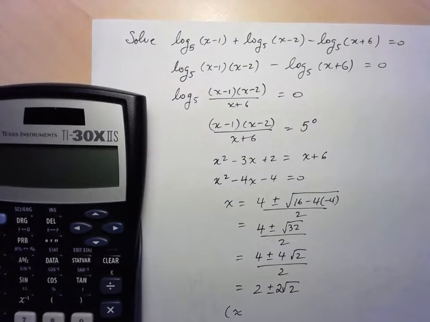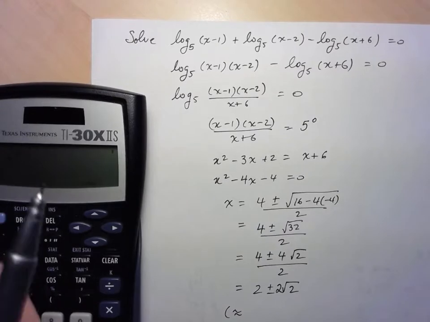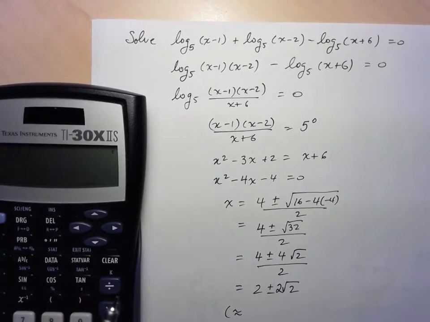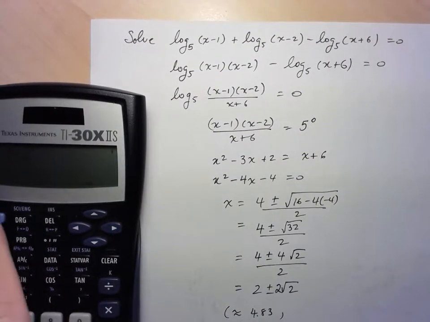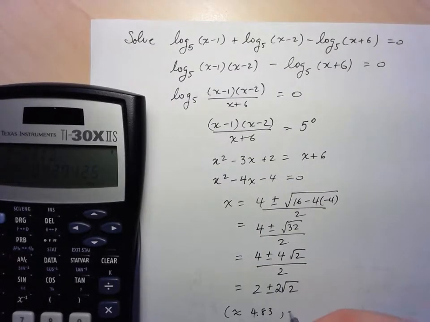So here we got 2 plus 2 times root 2, and that's 4.83. And then we've got 2 minus 2 times square root of 2, and that's negative 0.83.